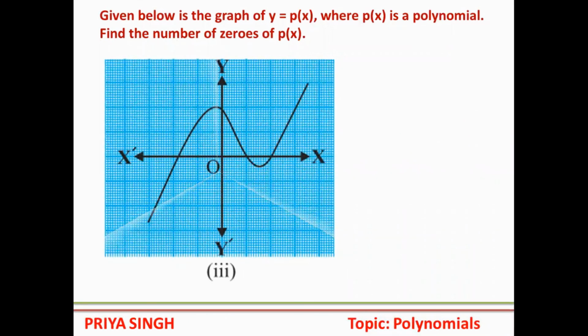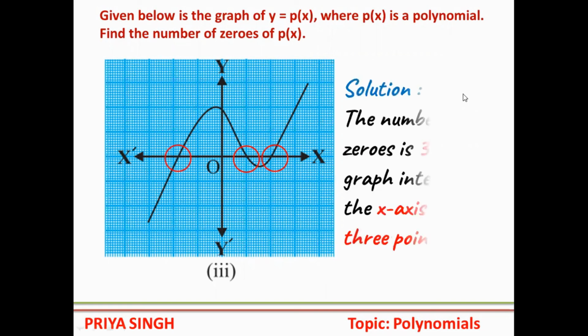In this graph, as you can see, there are many intersection points. Let us count them. First intersection point, second, and third. So there are in all how many intersection points? 3. So my solution will be the number of zeros is 3, as the graph intersects the x-axis at 3 different points.